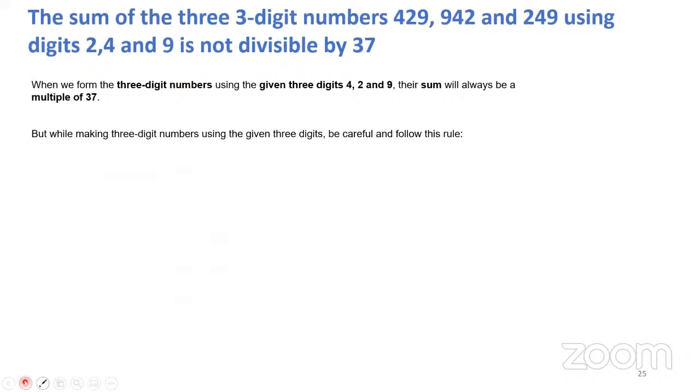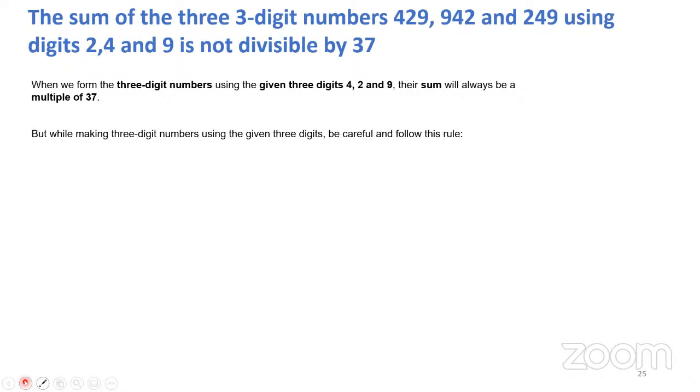The sum of 3-digit numbers 429, 942 and 249, using digits 2, 4 and 9, is not divisible by 37. We have seen a trick where we take the sum of 3-digit numbers and the sum is divisible by 37.